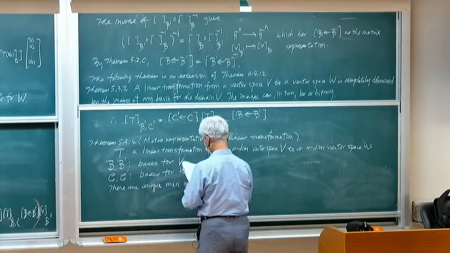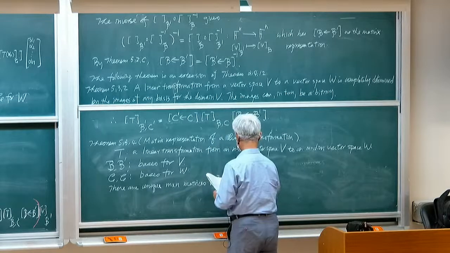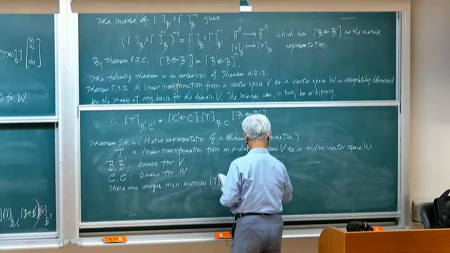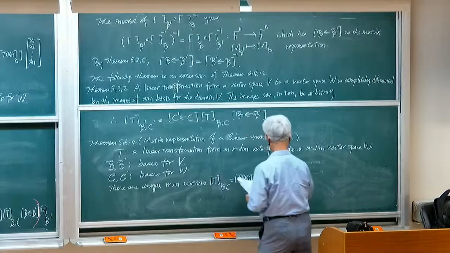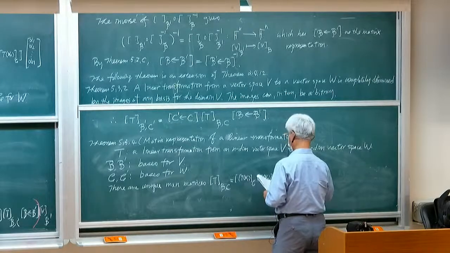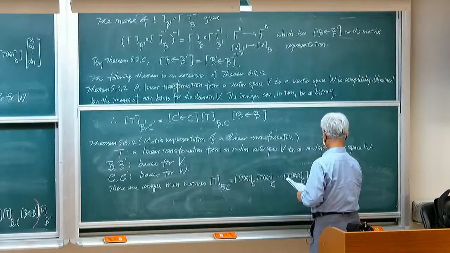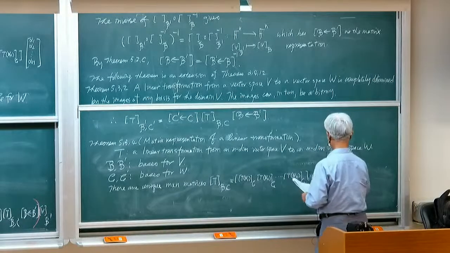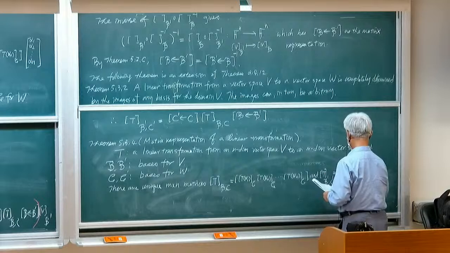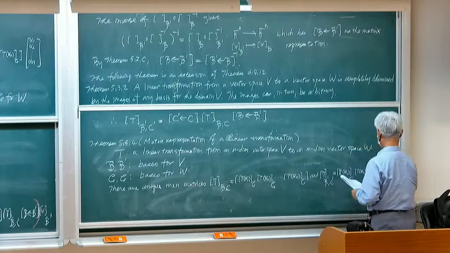Okay, so we have two matrices, T defined to be T V1 and T B prime C prime, U1, T U2, T UN.